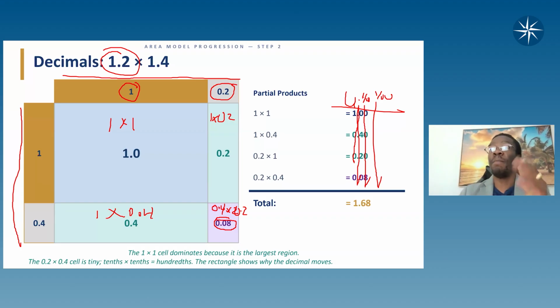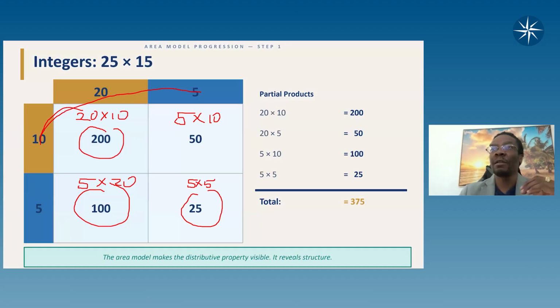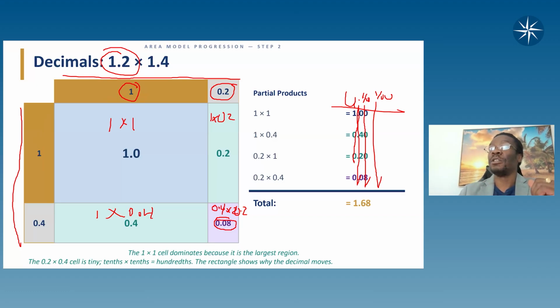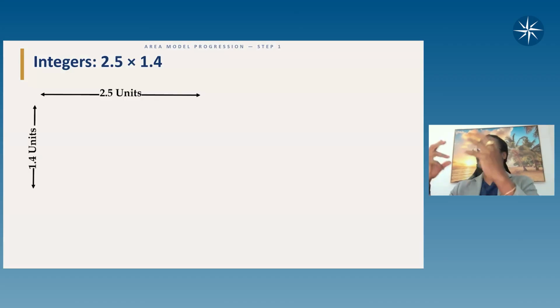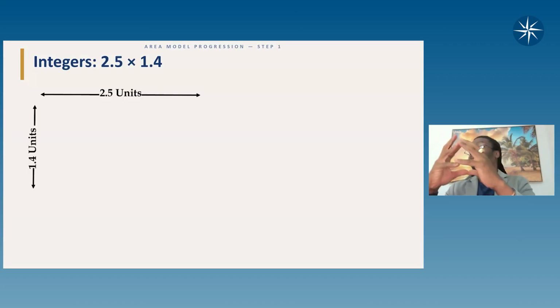So we see that the area model translates from working with integers to decimals. Here's another way that we can do it with decimals, and this is with the concrete manipulatives.